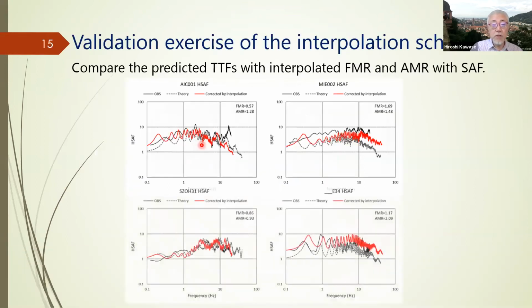So this is a verification exercise, a validation exercise of this proposed interpolation scheme at these 4 sites. Before this interpolation, we extract these 4 sites' data from the database and do the interpolation and compare the site amplification factor based on the interpolated FMR and AMR.